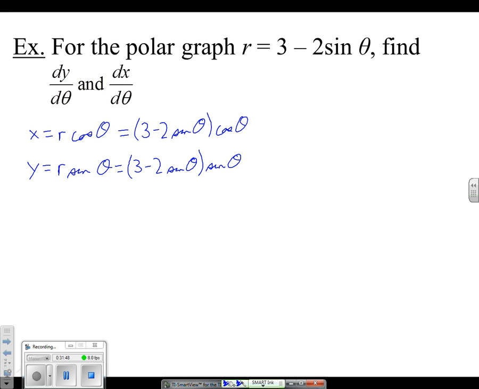The problem is saying, what is dy over d theta and dx over d theta? That's saying, take the derivative of x, which we've expressed as a function of theta. So in this case, dx over d theta, we need the product rule, so it would be the first times the derivative of the second would be negative sine theta, plus the second times the derivative of the first, which would be negative 2 cosine theta.